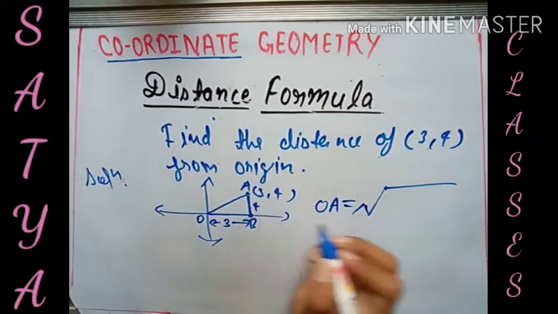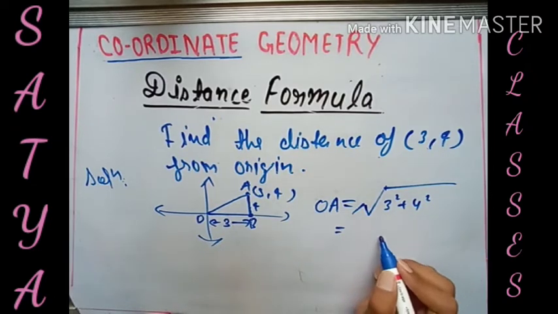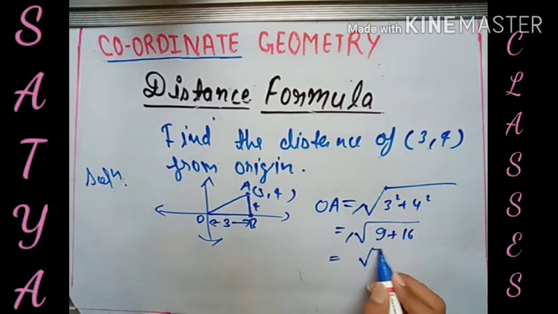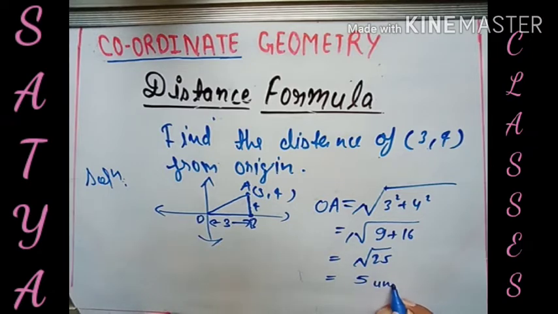So square them, 3 square plus 4 square, what does it become? 9 plus 16 under root, and it becomes root 25. So the answer is 5, but this is a distance, so you cannot write the answer as 5 alone, you have to write its unit also. So 5 units. If it is centimeter, meter, kilometer, whatever it may be, you can put it here. Writing units means you have completed the answer along with its unit.